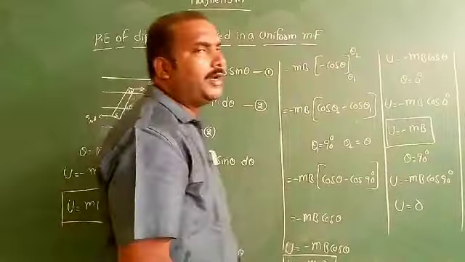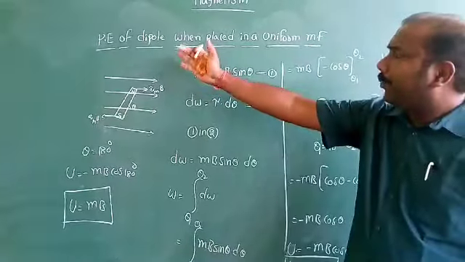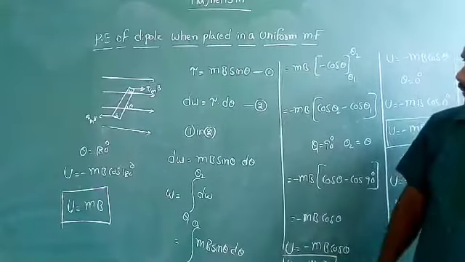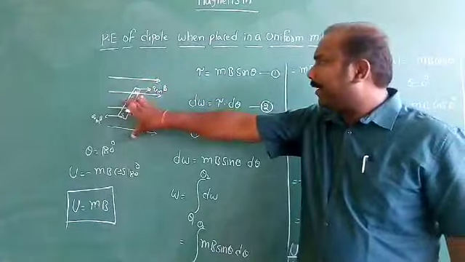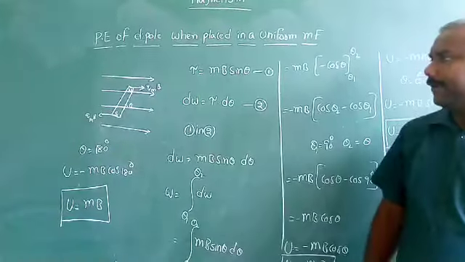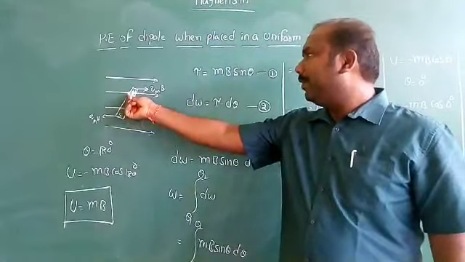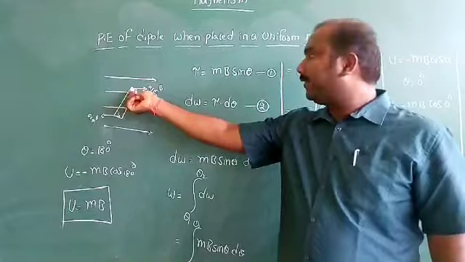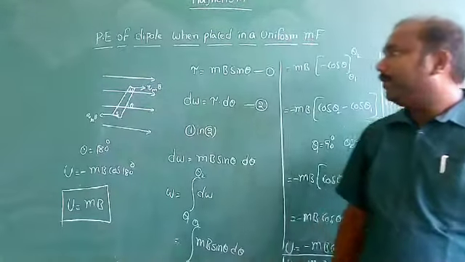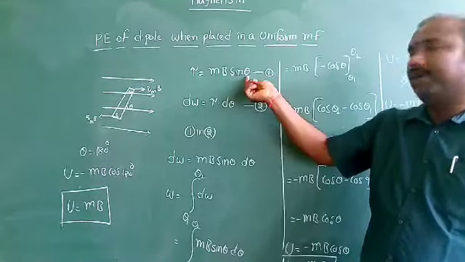Once again, this is the derivation. The potential energy of the dipole when placed in a uniform magnetic field: in that uniform magnetic field, I keep one bar magnet of length 2L, with north pole and south pole, a dipole. The force exerted from the north is given by Qm into B, and the force exerted from the south is given by Qm into B. The torque acting on the dipole is given by tau is equal to mB sin theta.